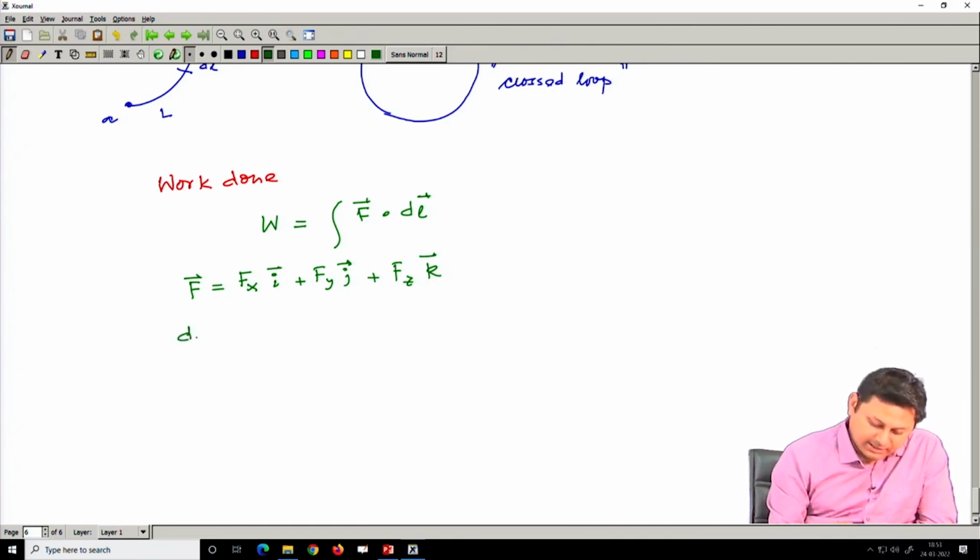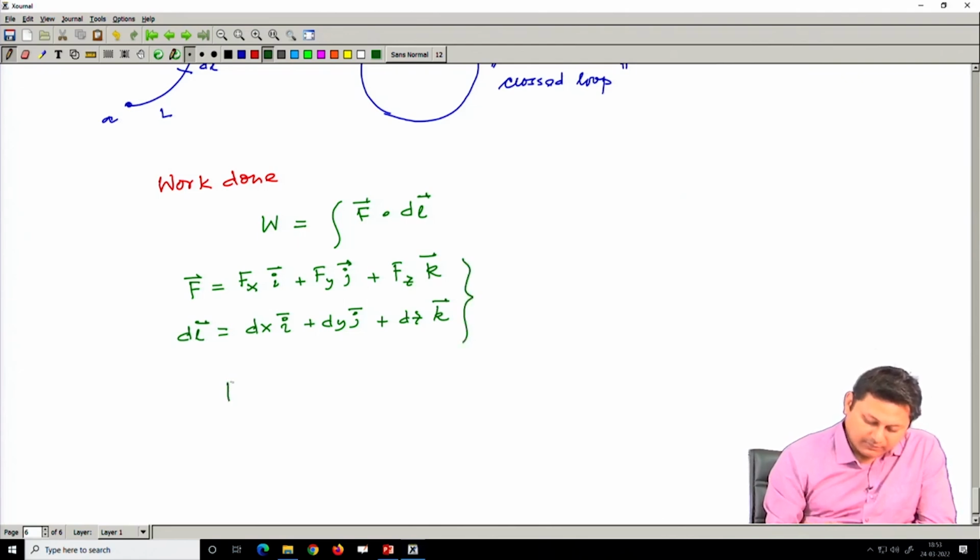And dl, the line element, we know how to define in Cartesian coordinates: dx i plus dy j plus dz k. So how do you calculate F dot dl? It is a dot product, so eventually I have Fx dx plus Fy dy plus Fz dz.